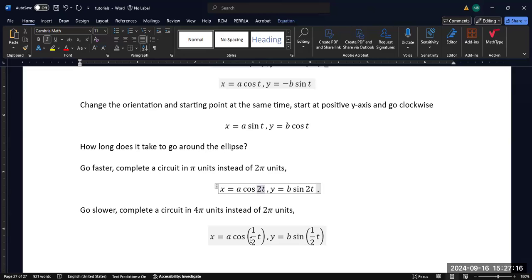Don't ignore this, because later on, if you're asked to evaluate it, particularly if you're doing calculus and you have to find the slope at a particular point, you're going to have a problem, because if you haven't scaled this, you're not completing it on the same interval. The slope will be wrong. So any further calculations will not be correct.